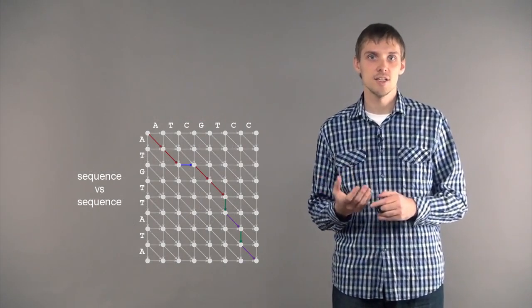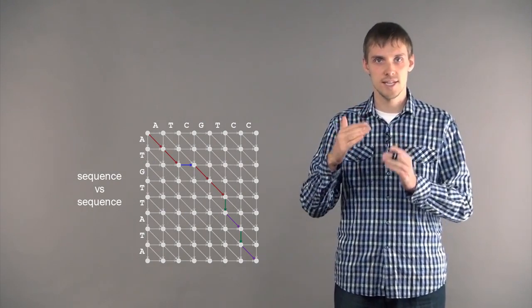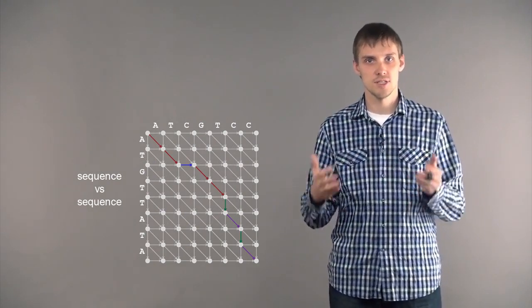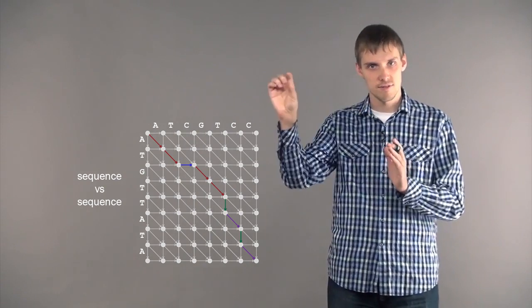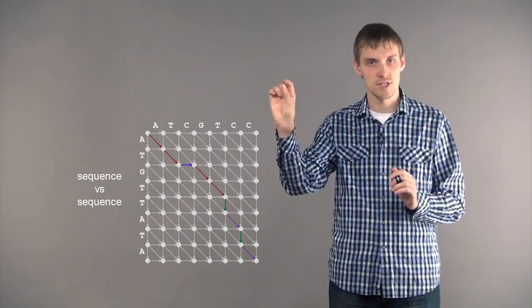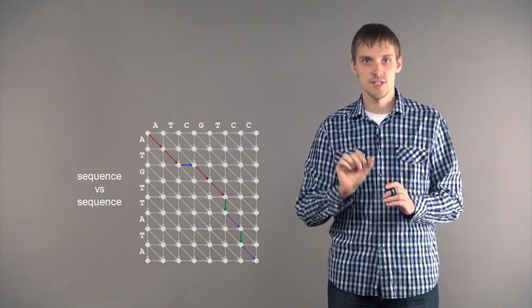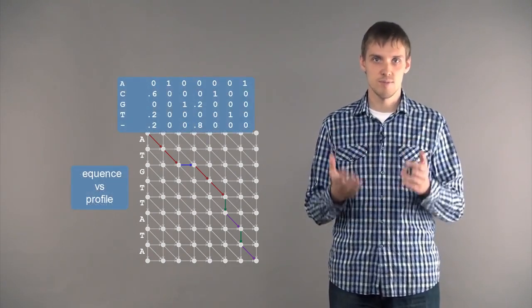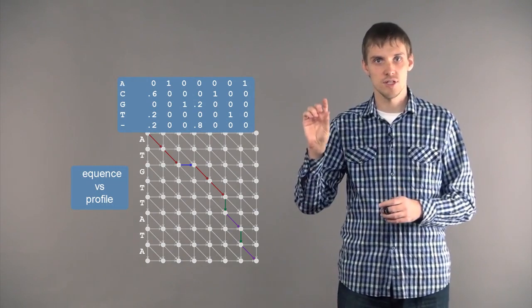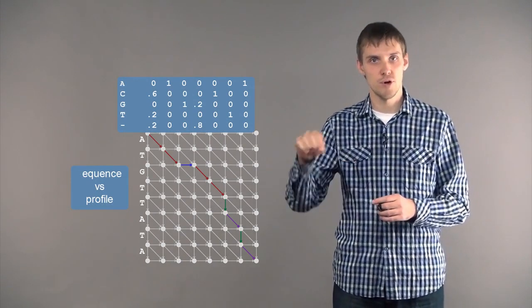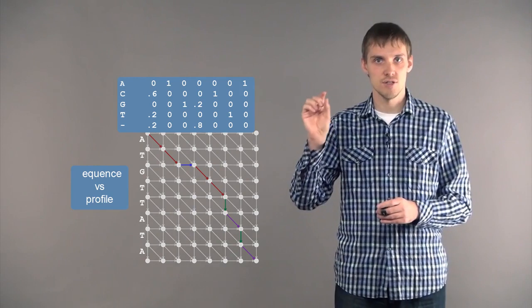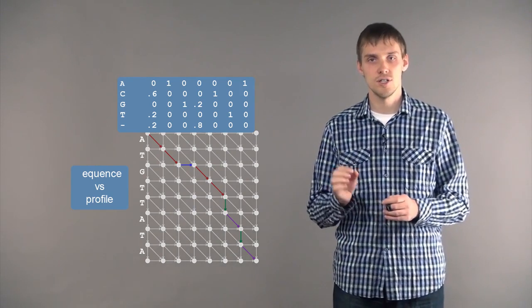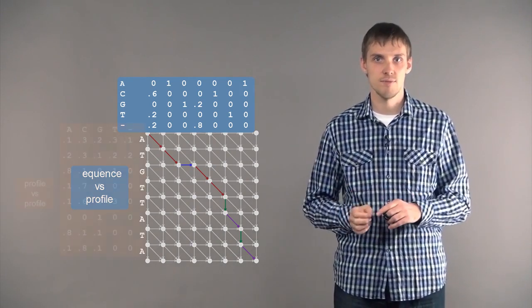Yes, actually we can. Aligning sequence against sequence requires you to build this Manhattan graph and write down one sequence horizontally and one sequence vertically. But you can replace a sequence with a profile, and you can use values proportional to the values in a profile to score each edge in the graph.